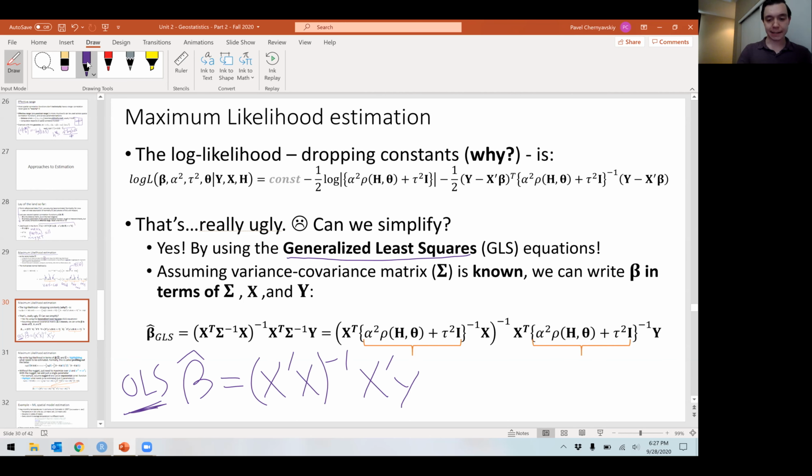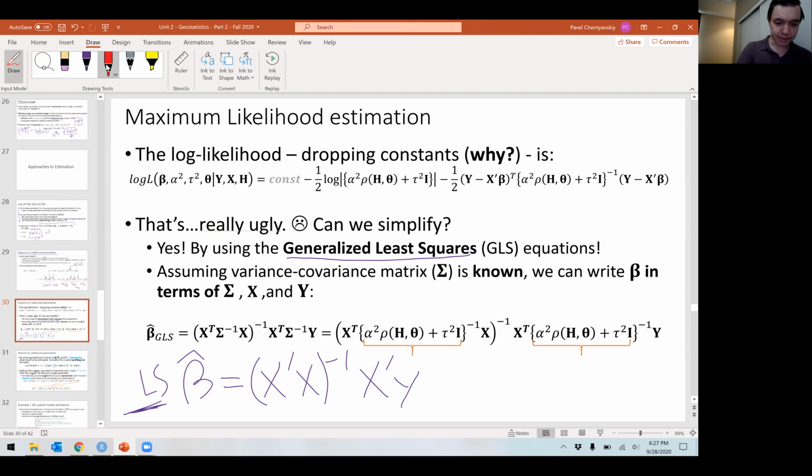But this says that our data are independent. Well, we're in spatial statistics. Our data are not independent. So OLS gets generalized to GLS, or generalized least squares.